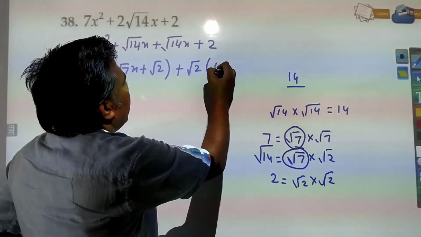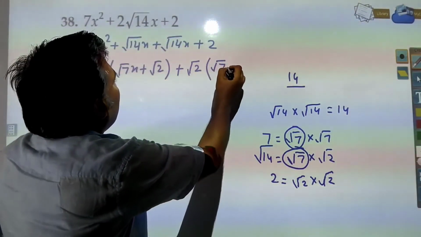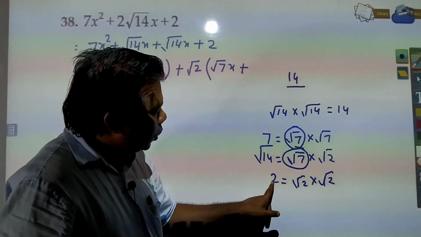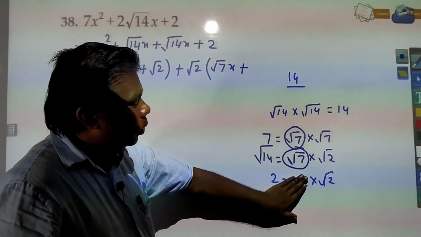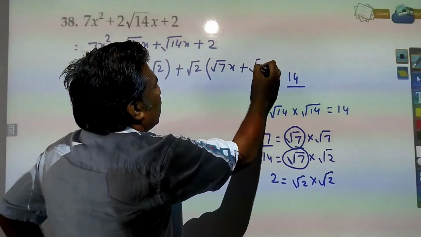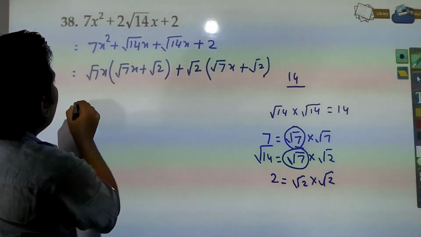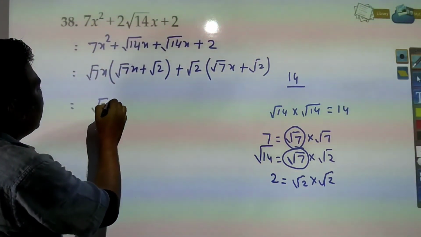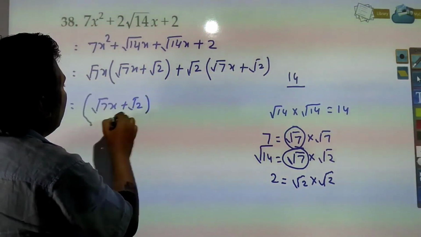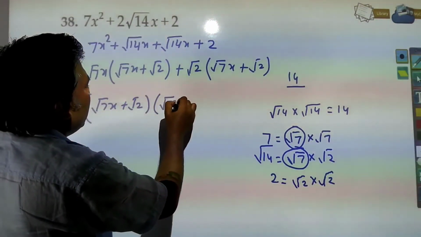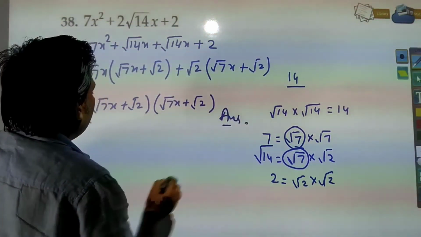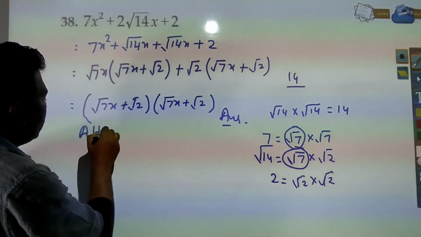So here you will be having root 7x, and plus from 2 if you are taking out one root 2, you will be left with root 2. So this will be root 2. So now you see root 7x plus root 2 and root 7x plus root 2 will be your answer.